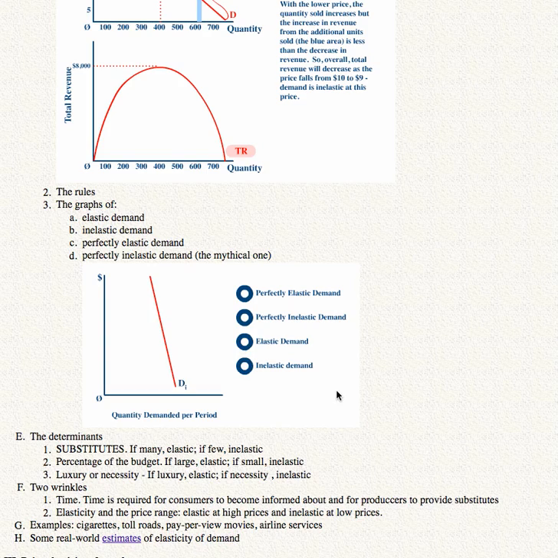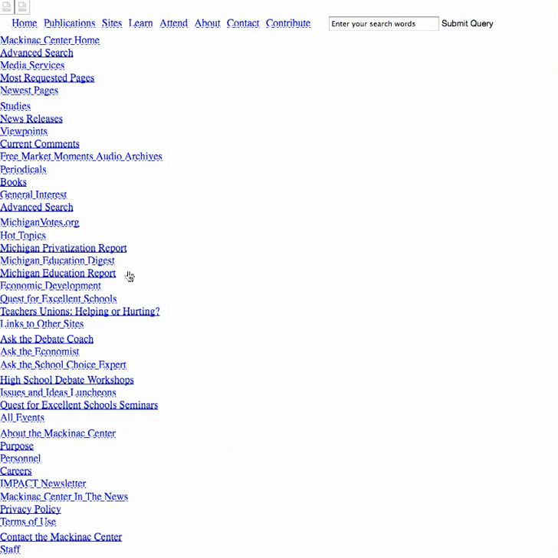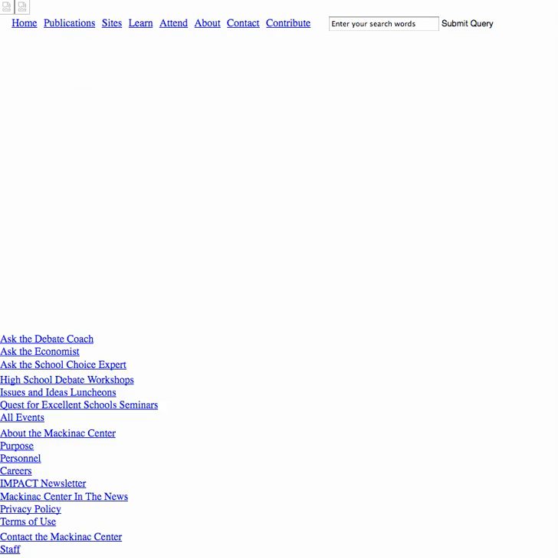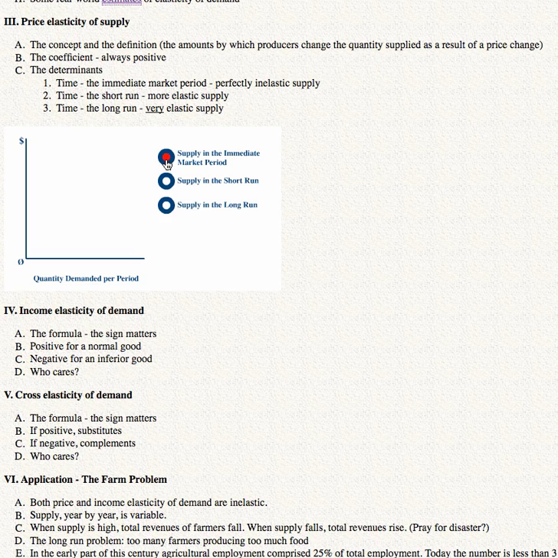Beautifully flashed, you can ooh and ah. Real-world estimates of elasticity of demand. Well, I don't know if I have it. I guess the link is broken. Supply in the immediate market period, perfectly inelastic. Supply in the short run, and supply in the long run, it's a teeter-totter.